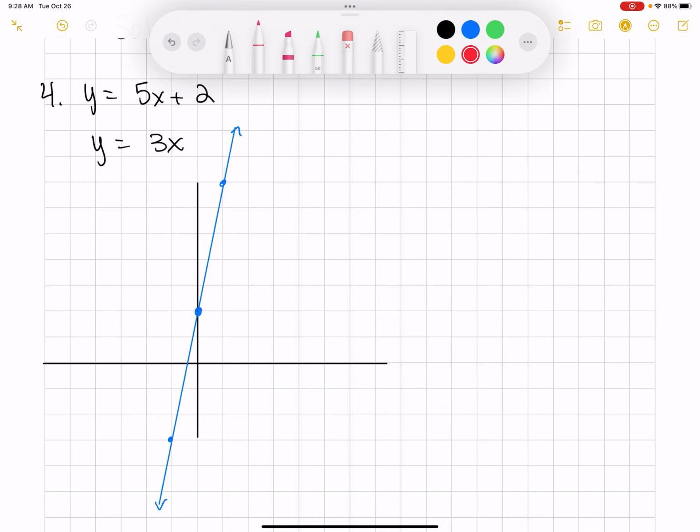And my other line, I have an intercept of 0 and a slope of 3. So up 1, 2, 3 over 1, and then down 1, 2, 3, back 1.